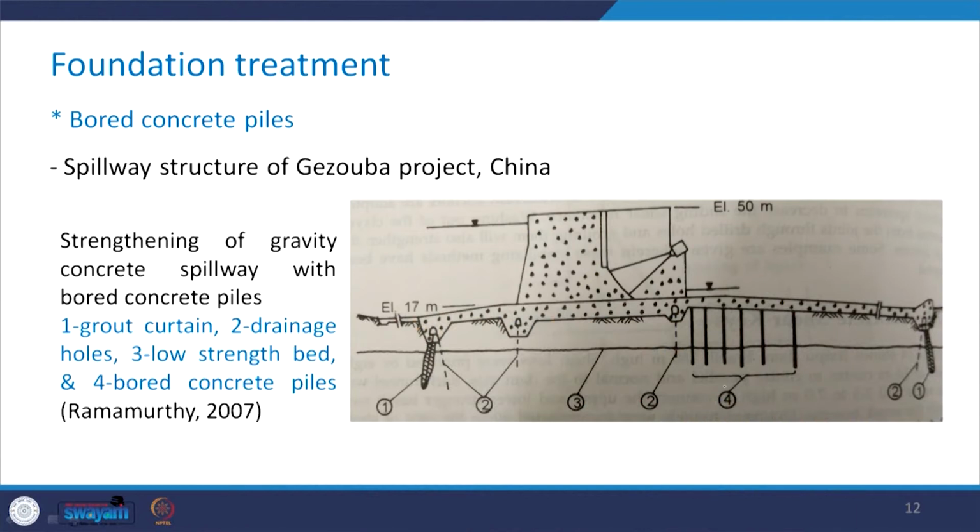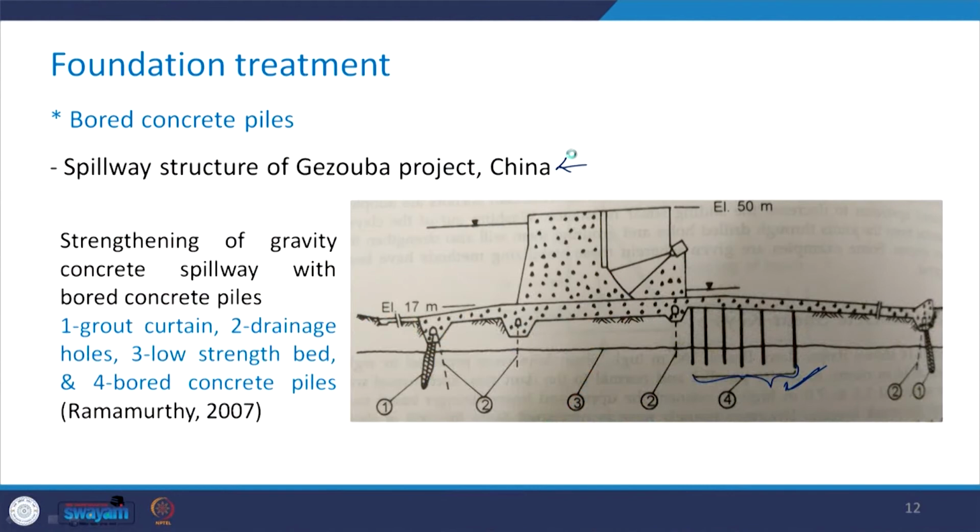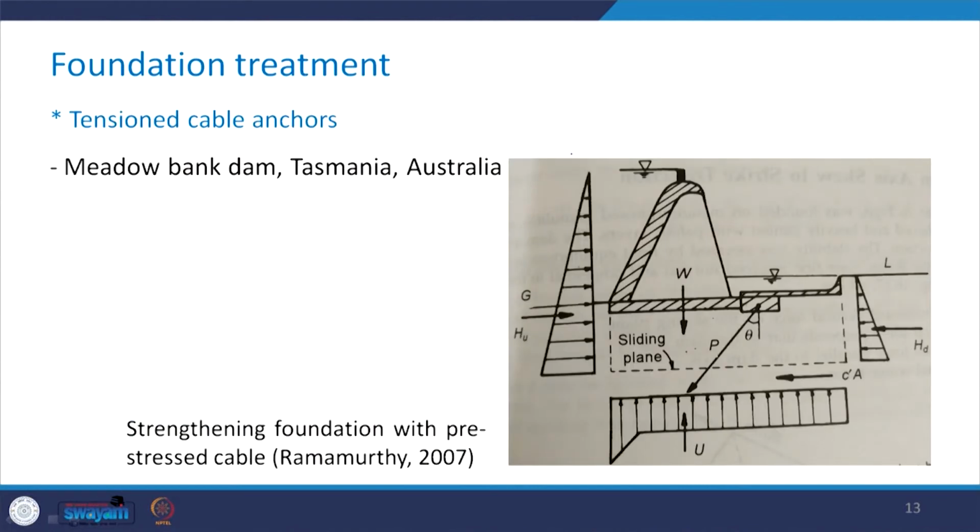The second one is the provision of bored concrete piles. You can see here that along with the other measures, these bored concrete piles have been provided. These were done for the strengthening of the gravity concrete spillway of the Gazuba project in China. Then one can go for the provision of tensioned cable anchors.